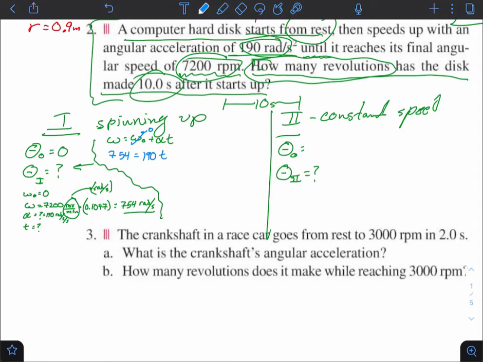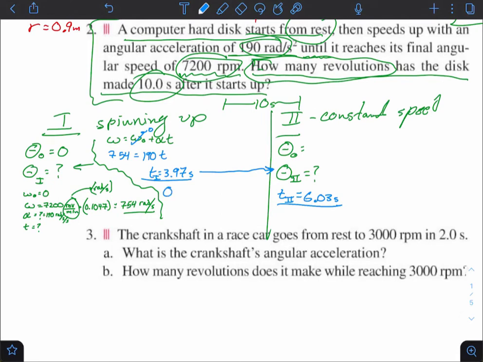So 754 divided by 190 is 3.97 seconds, which means that our time for phase 2, if there's 10 seconds total, would be 10 minus that number, and I'm going to write that in right now, is 6.03 seconds. That, I think, is the trickiest part of this problem by far.